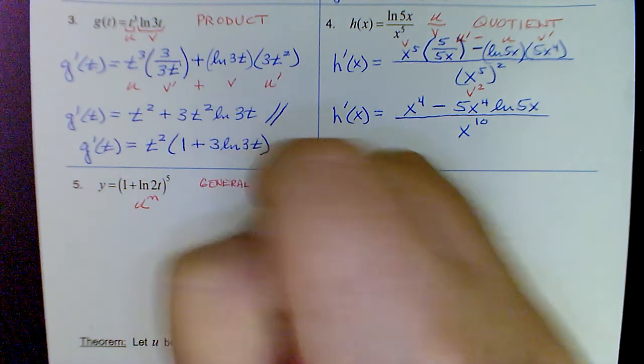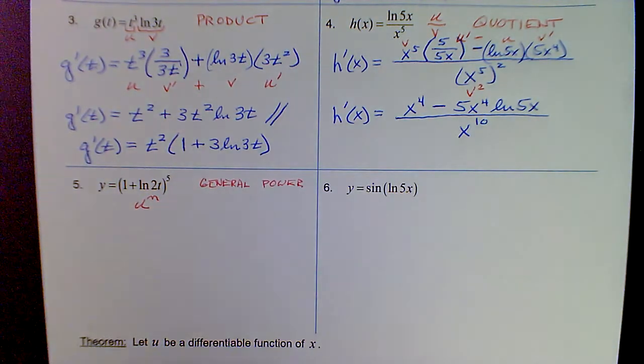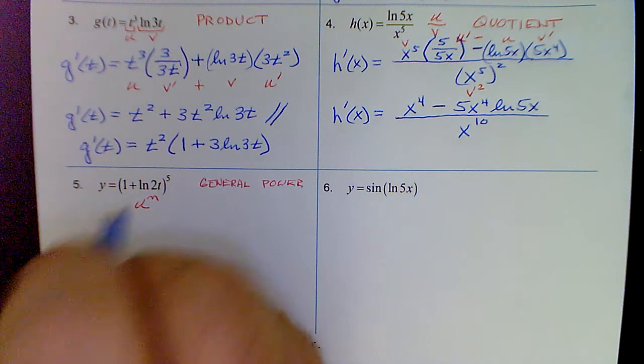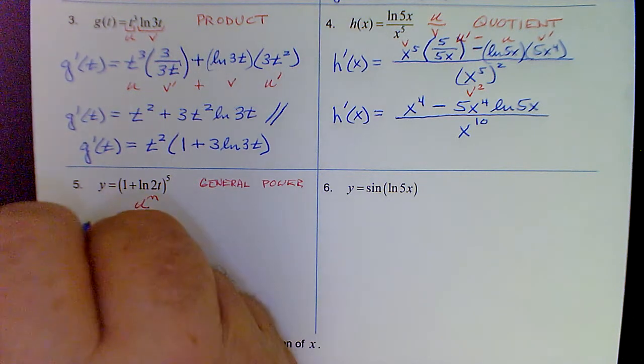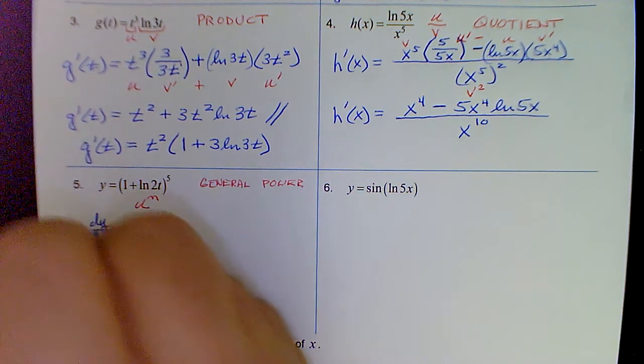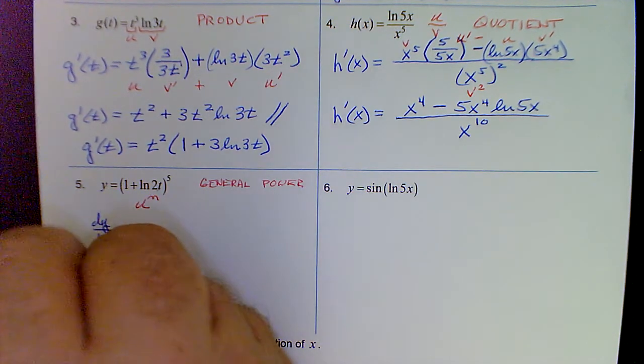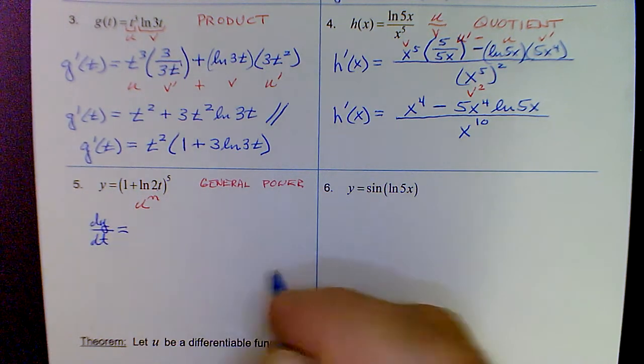But as I've stated in the past, I like general power. When you perform the general power rule, be careful. First off, I could say y prime, but I want to use differential notation. This would be dy dt, because t is the independent variable that we're differentiating with respect to.